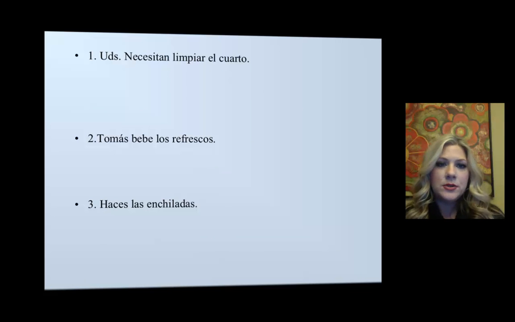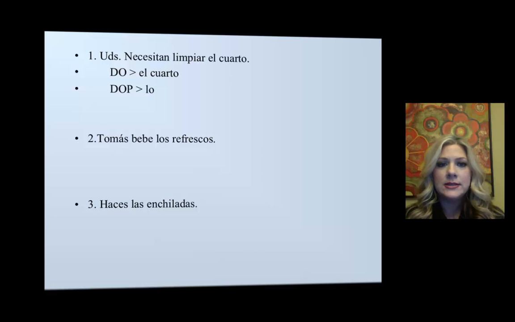Here are some other examples. If you want to pause and see if you can do these on your own and then double check when I go through it, that's a good idea. Uno, ustedes necesitan limpiar el cuarto. You need to clean your room. You need to clean what? El objeto directo es el cuarto, your room. We're going to replace el cuarto with our DOP, and for el cuarto, we use lo.